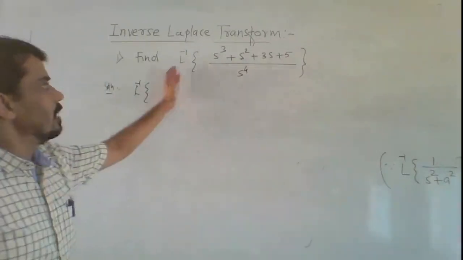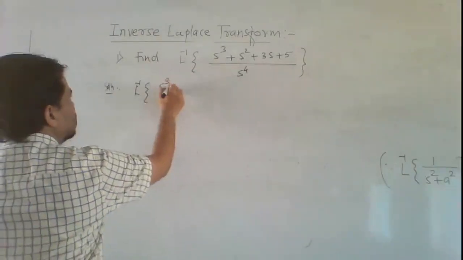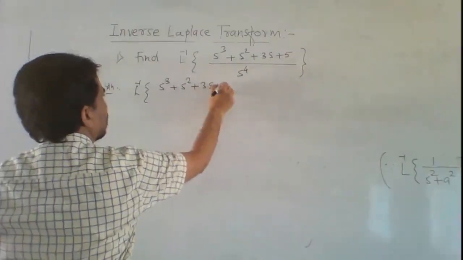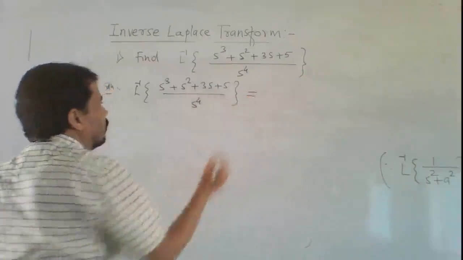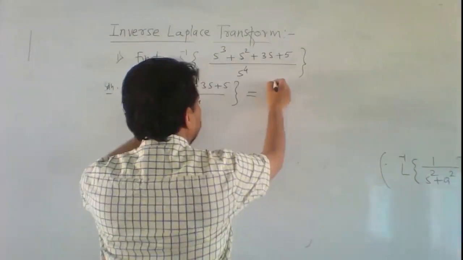To find the inverse Laplace transform of this function, divide by s to the power 4. First separate the terms, and then apply the linearity property.